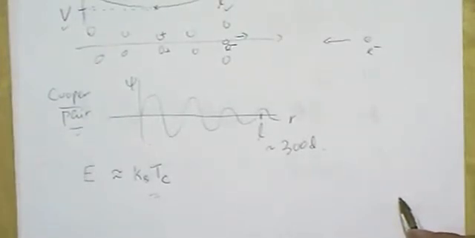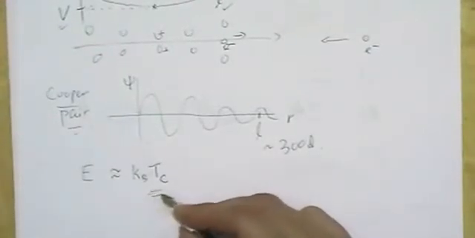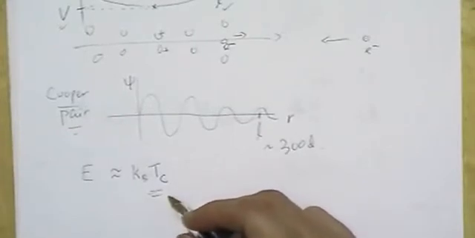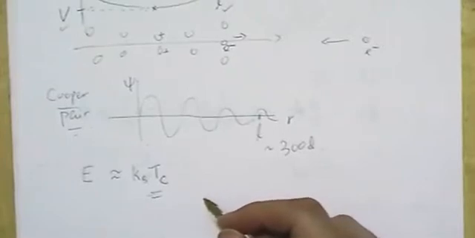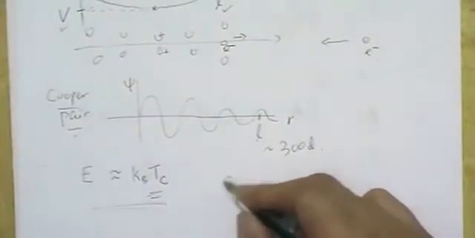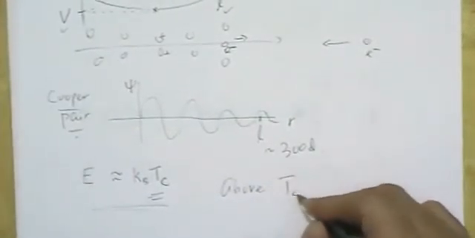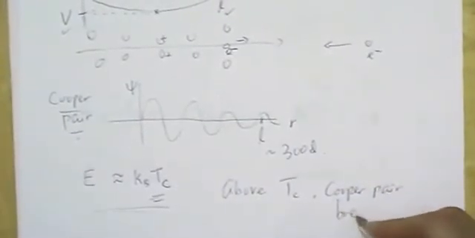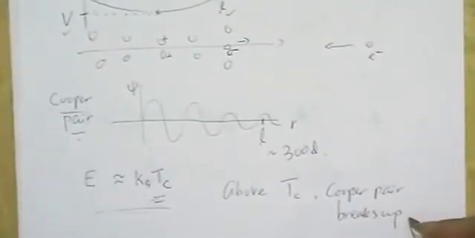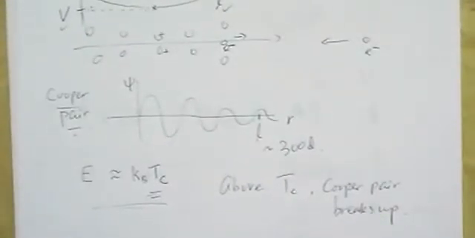Now the temperature where we would expect this to happen would be just the superconducting temperature, because we know that above the superconducting temperature, it stops being superconducting. So what this result suggests is that above Tc, the Cooper pair breaks up. Okay, so that's fair enough.